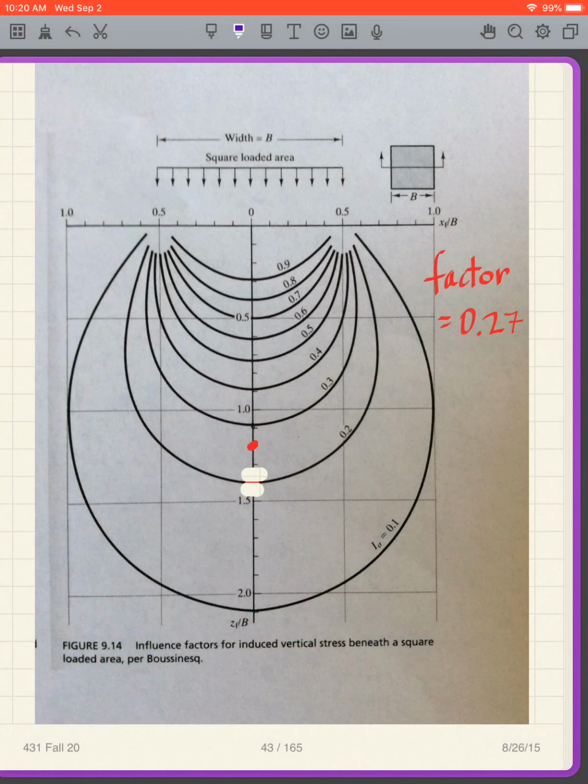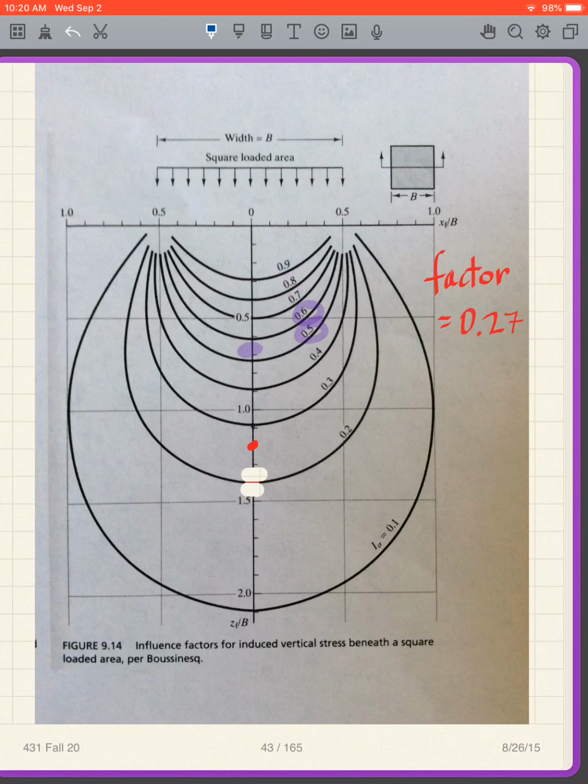0.658 is in here between 0.5 and 0.6, and then 0.658 over 2 is 0.33 approximately. So that's going to be in here, between 0.8 and 0.9, but then we have to divide by 4.